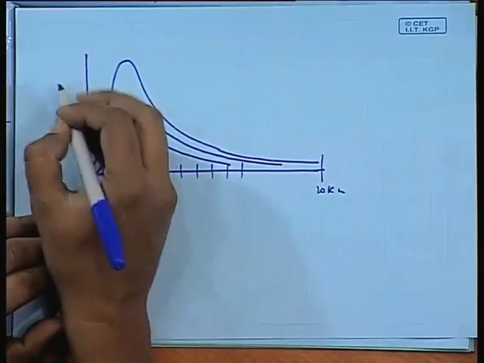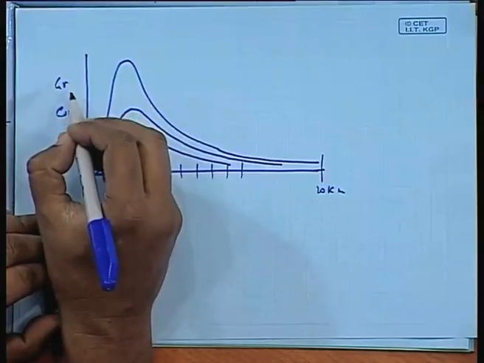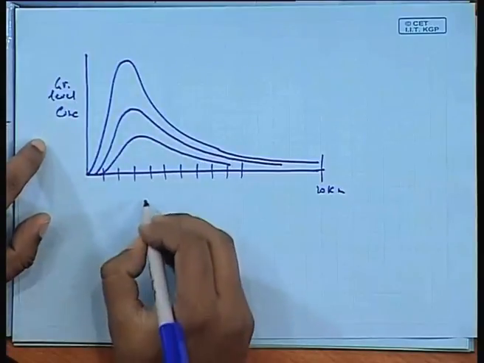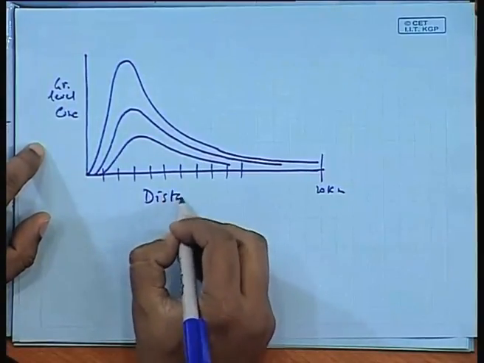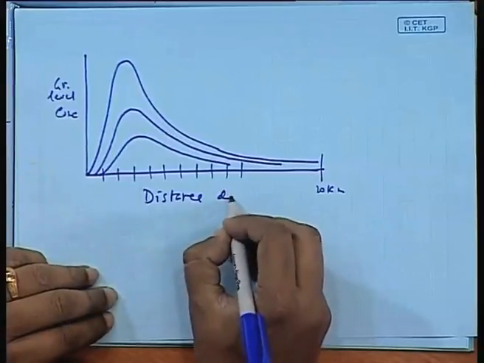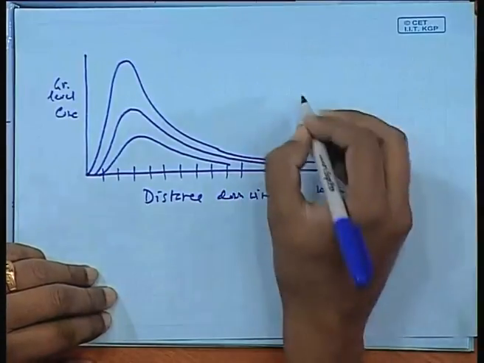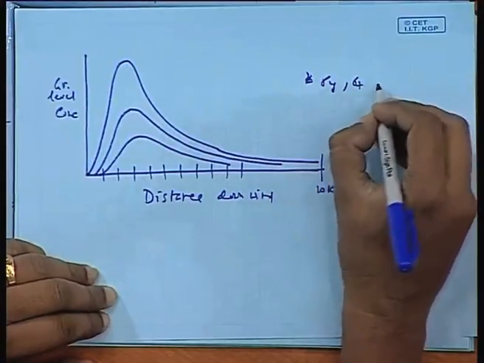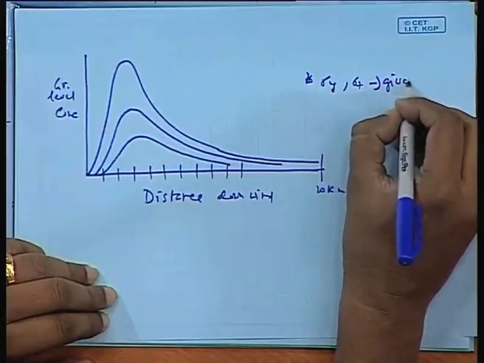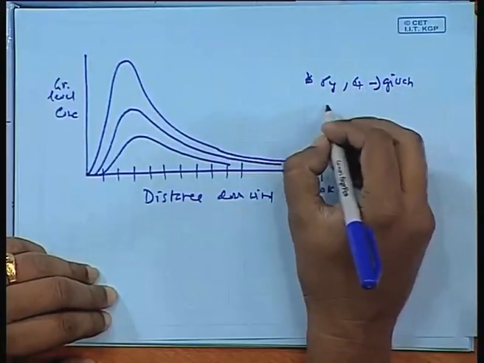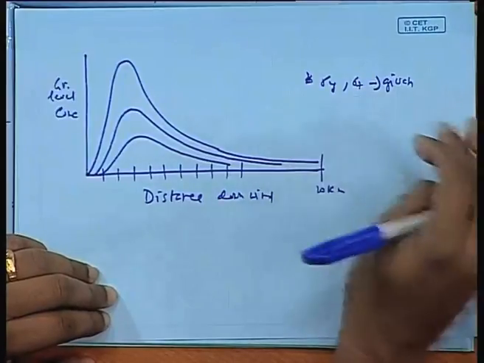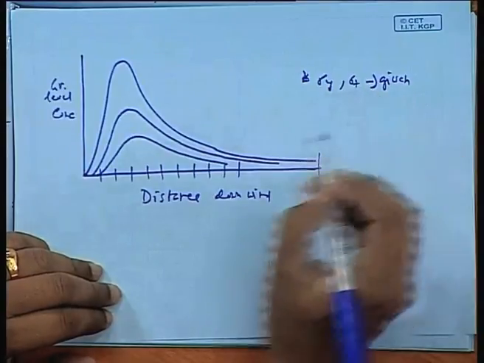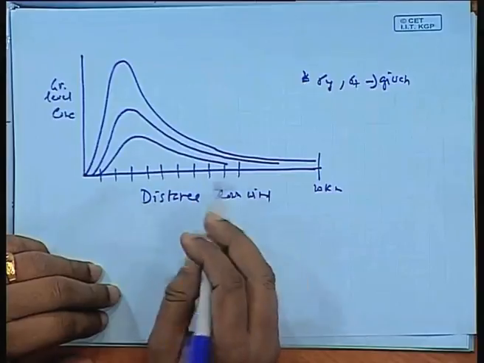What we have found is the ground level concentration, and we have found it against the distance downwind, with sigma y and sigma z given. So sigma y and sigma z, that is the atmospheric stability class, is identified, and sigma y and sigma z are given. In such cases, the concentration forms like this.